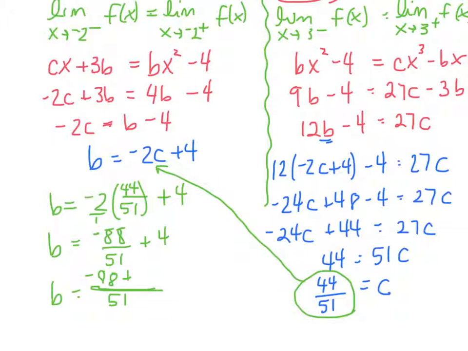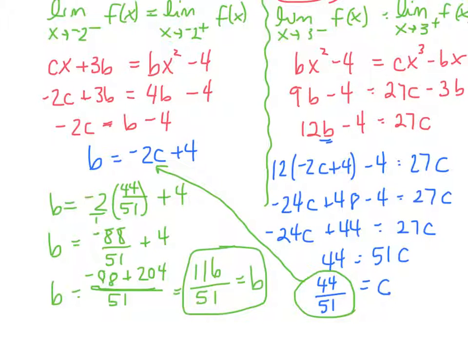And if I multiply 4 times 51, it's just 204. So now when I'm adding 204 and negative 88, I end up with 116 over 51.